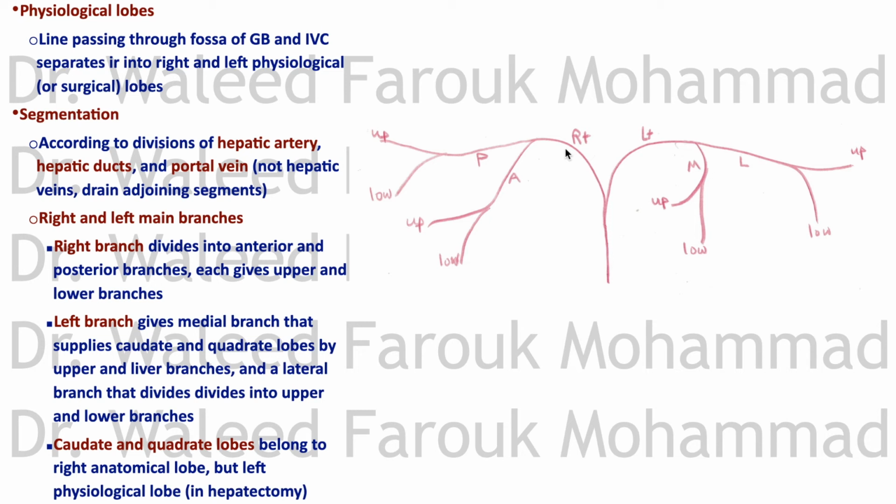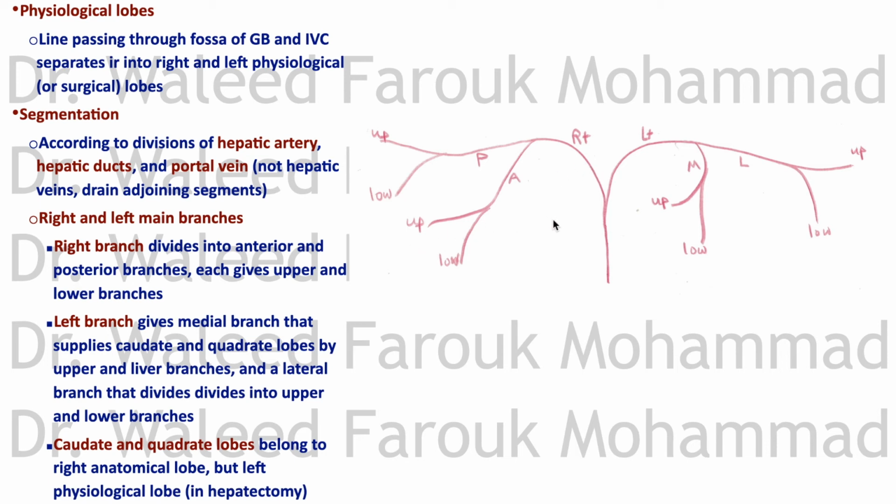The right branch divides, because the mass of the liver is bigger at this side, instead of lateral and medial, into anterior and posterior branches. And each branch subdivides into superior and inferior, and by telling you the branches of the hepatic artery, actually I'm telling you about the segments of the liver. Okay?